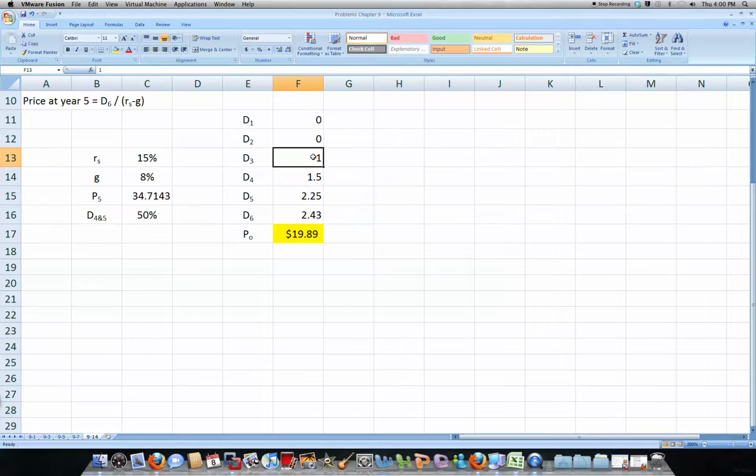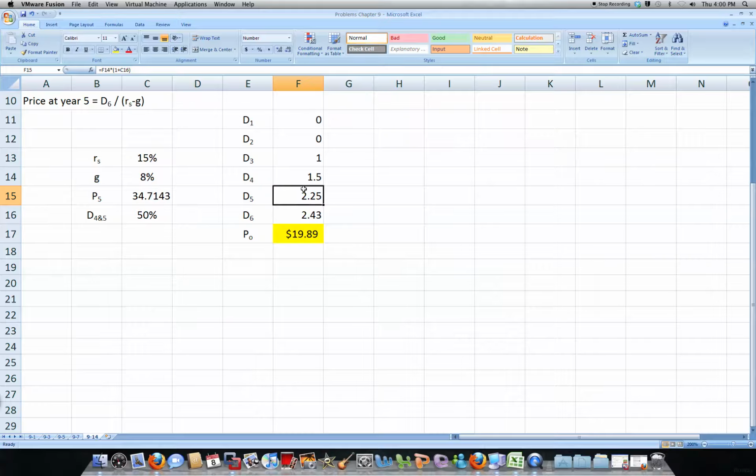So all we have to do is say 1 times 1 plus the growth rate, or 1.5. All right. Then for the dividend for year 5, we can just say the dividend of year 4 is 1.5 times 1 plus the growth rate, which is 50%, and that will give us 2.25 for the dividend of year 5.